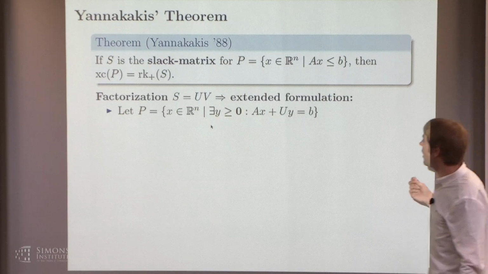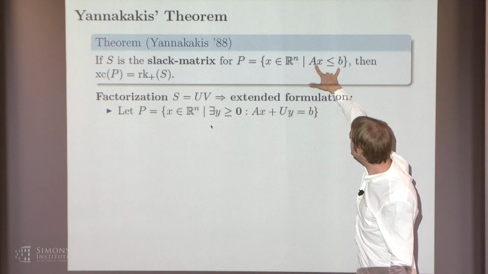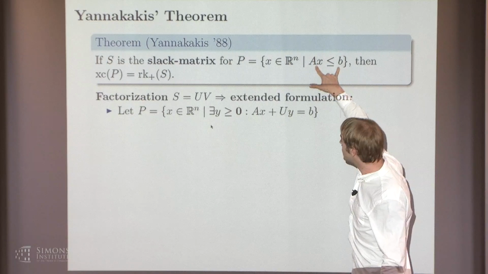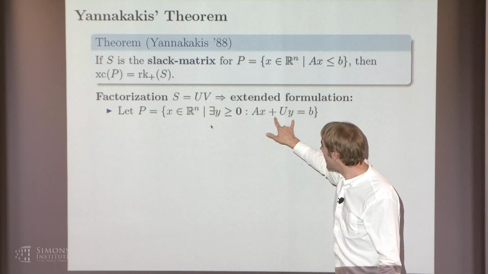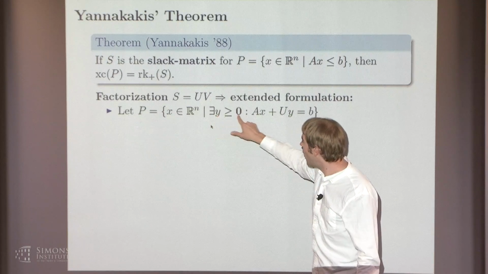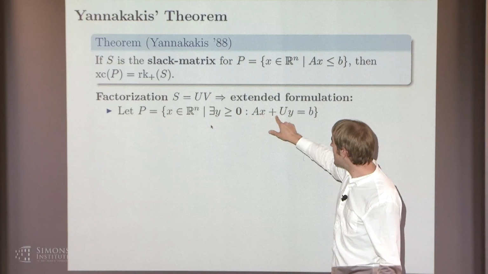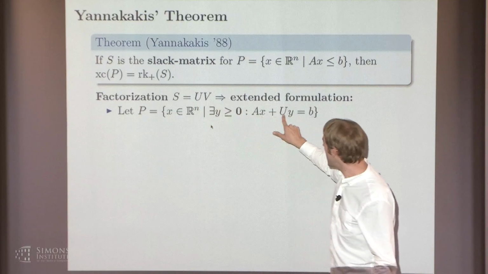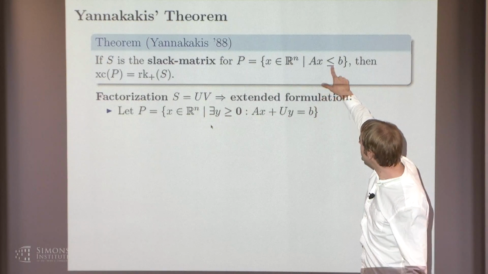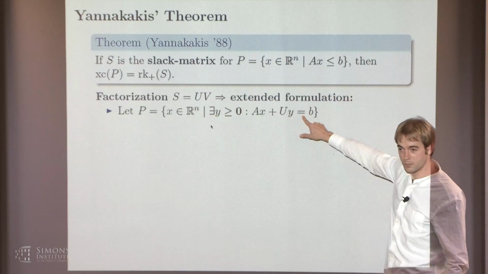Let's say this is your original polytope, Ax at most b. Now you take this and slightly modify it. You write it as all x so that there is a non-negative vector y, so that Ax plus the left factor times that non-negative vector equals b. So the inequality turns into an equality.